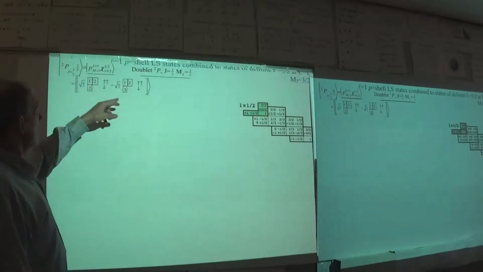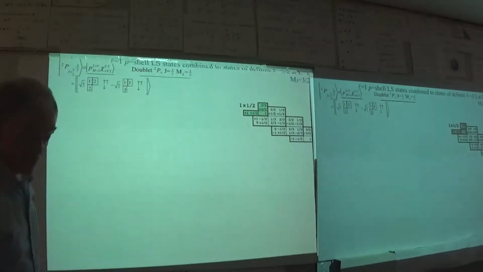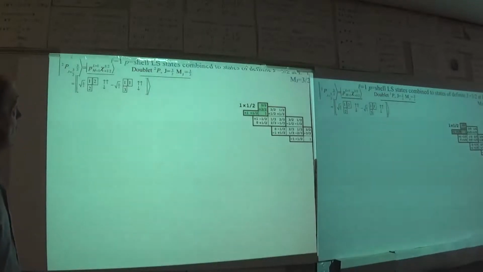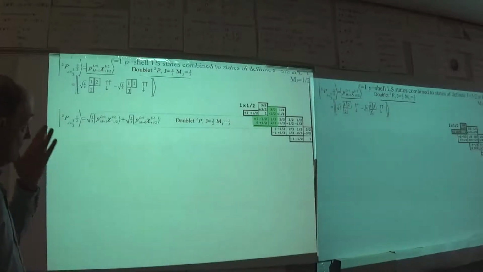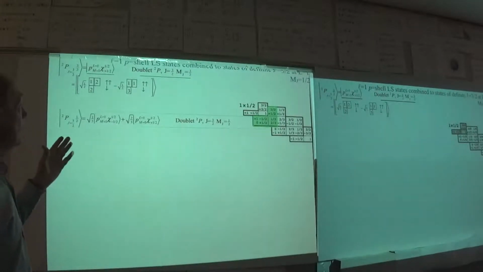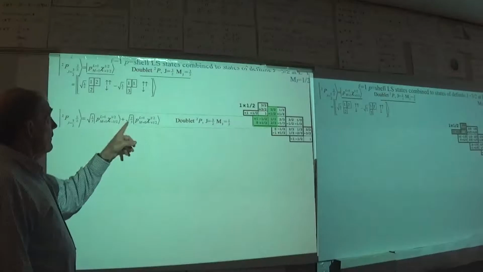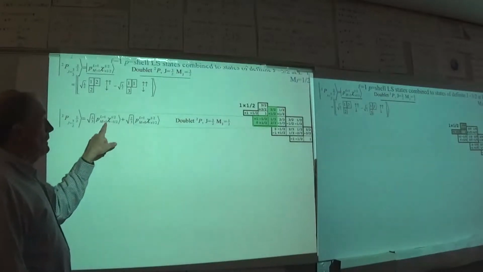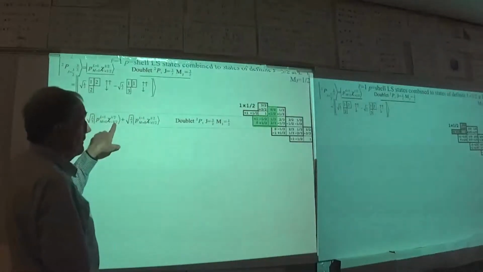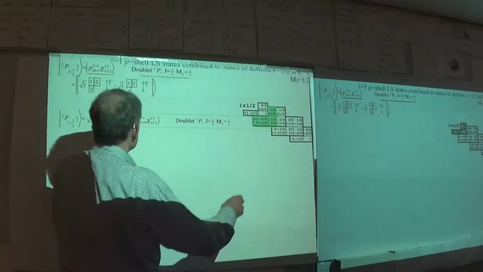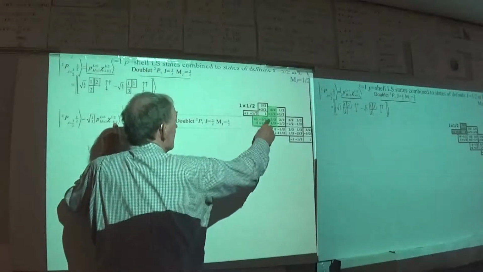The 1, 2, 2 and the 1, 1, 3 tableaus were the number 2 and number 3 in that big matrix. Okay, so we have to make the total angular momentum 3 halves states, and that means a combination of these two, m equal 1, that's this, and spin component minus a half, that's this number right here.